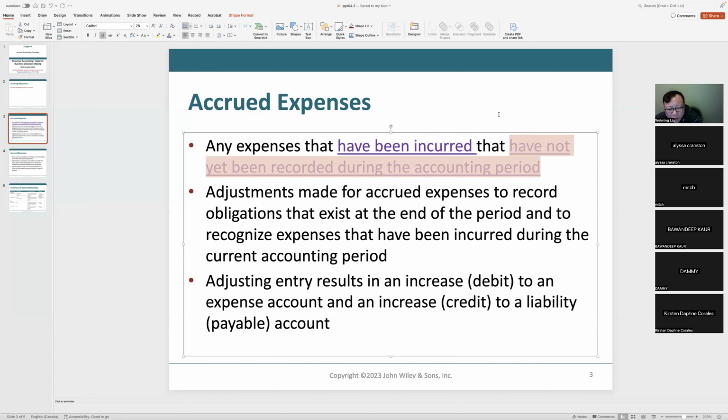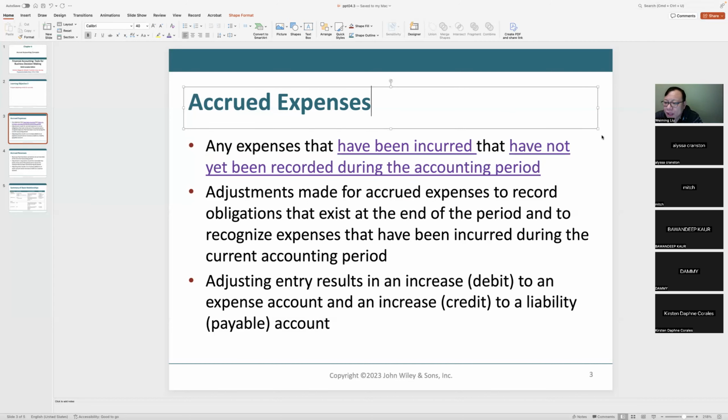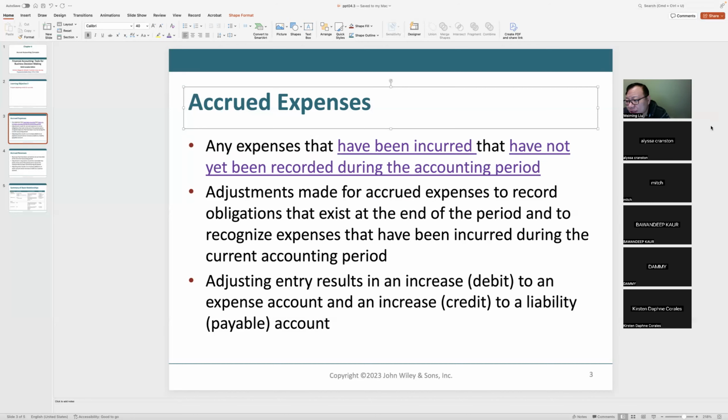So for example, the client hasn't recorded the accounting fee yet. What happened is they gave me all the information after the fiscal year end. It takes them some time to gather all the accounting information. Let's say their fiscal year end is December 31st, I probably receive the records in February of the next year.